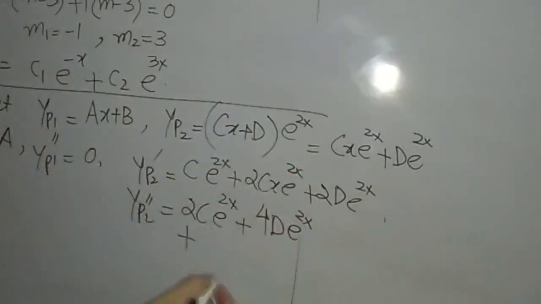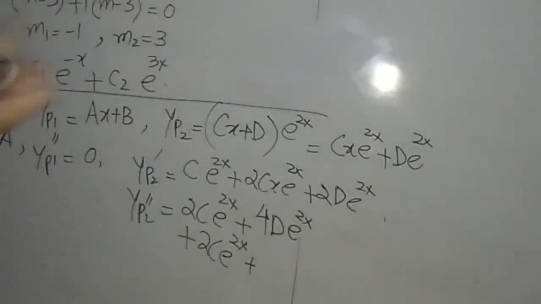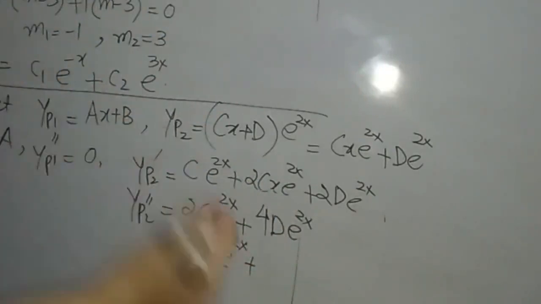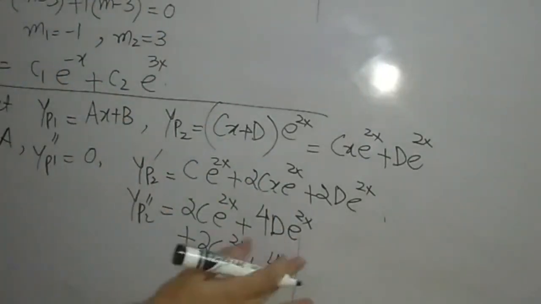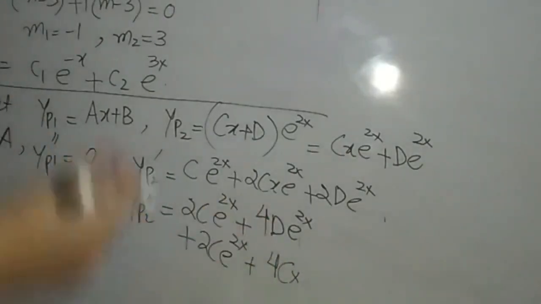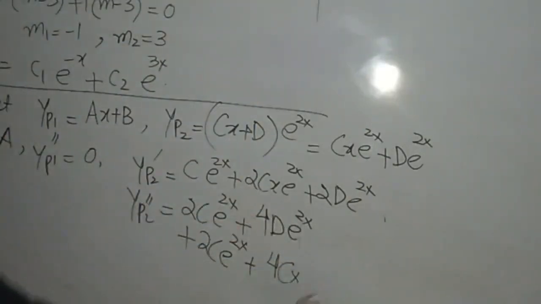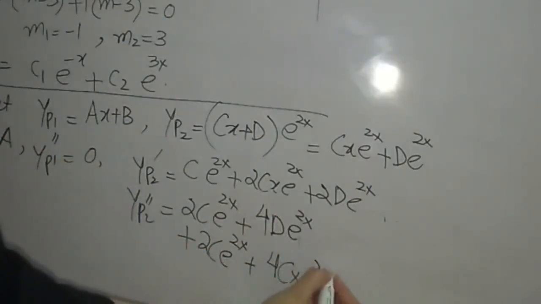Differentiating again, the middle term uses the product rule: first term x has derivative 1, so that becomes 2c e to the power 2x plus 2cx times 2 e to the power 2x, which is 4cx e to the power 2x.